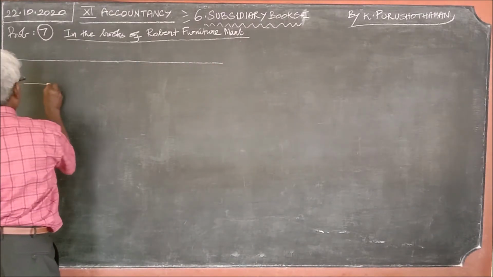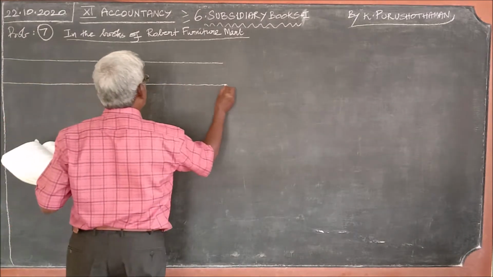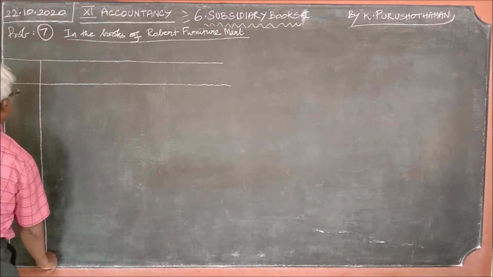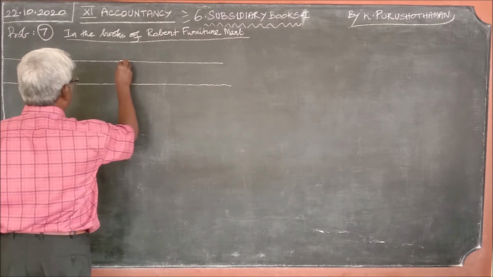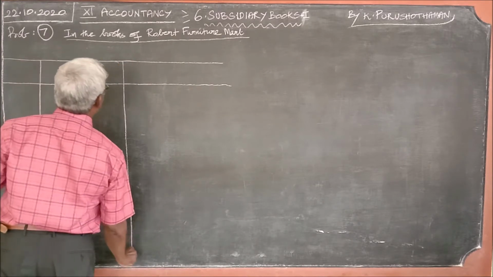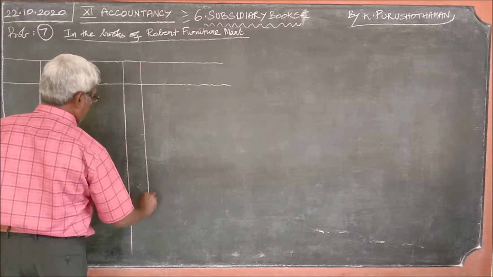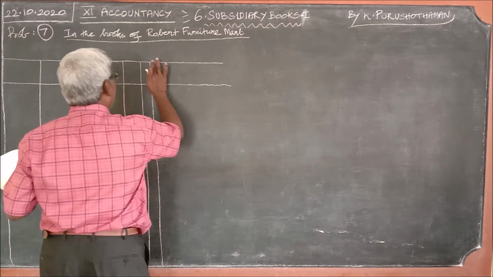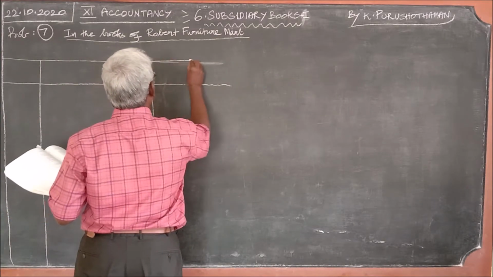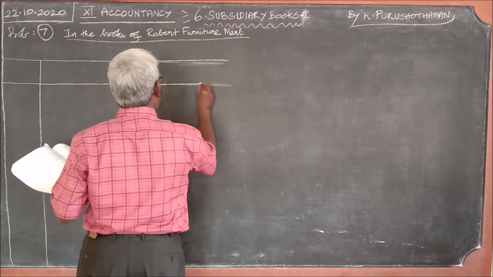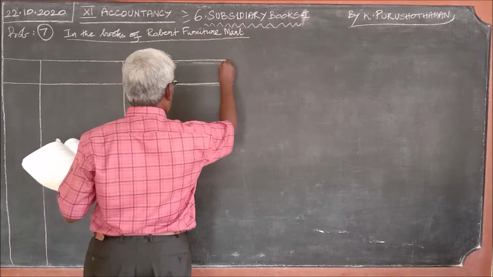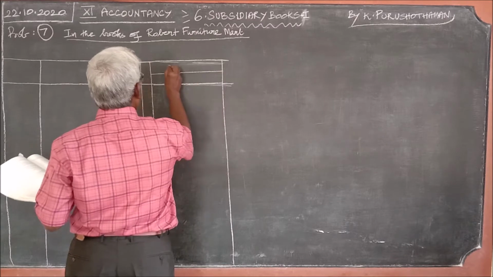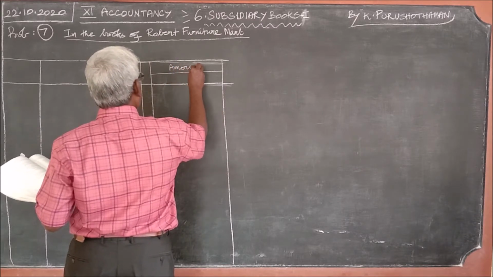For this, you know, the columns are: date, particulars, invoice number, ledger folio, amount, with details and total.